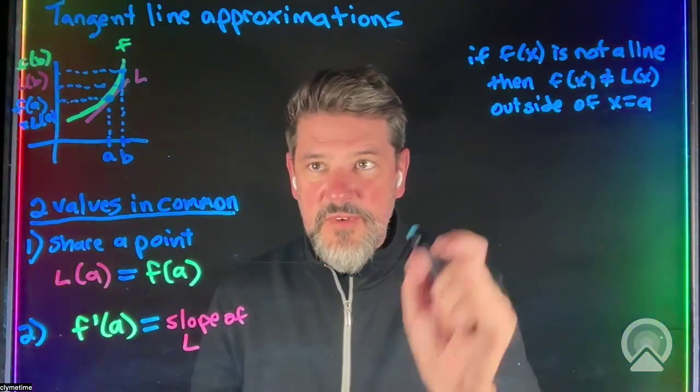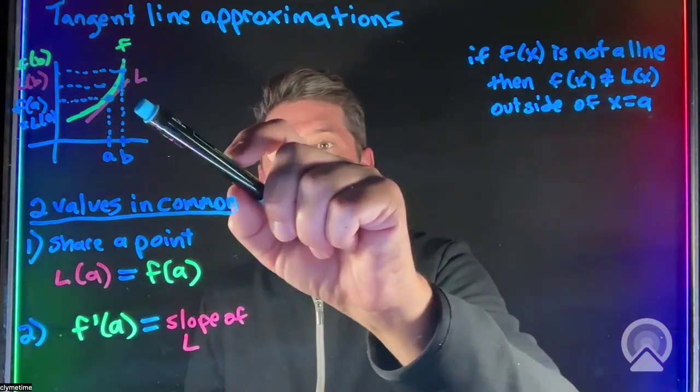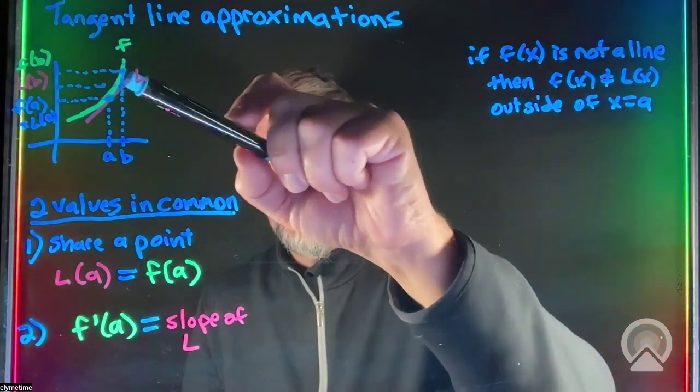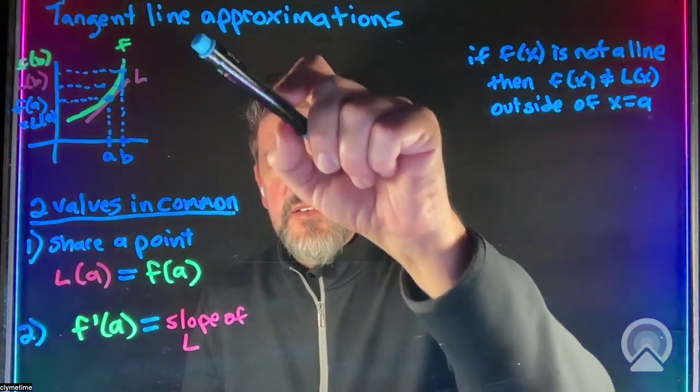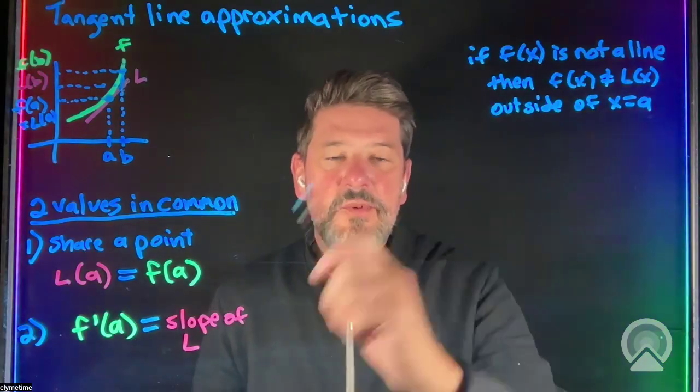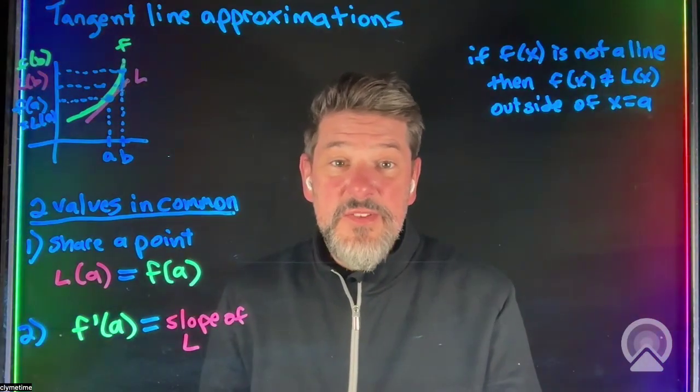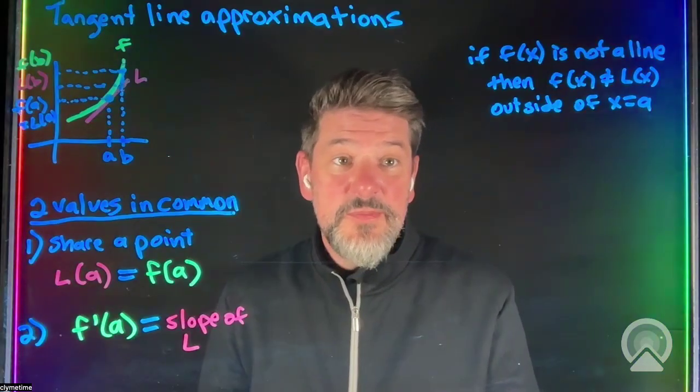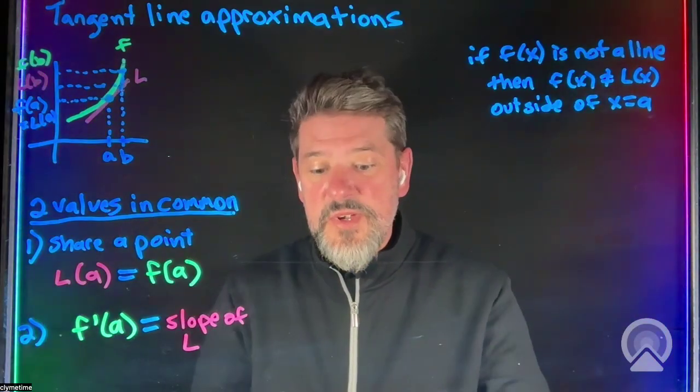Now, when I say that, I mean very, very close to A because, like I said, it could be the case that F turns around, comes back down again, and intersects L at a different spot. But very close to A, they will not be equal. But even though they're not equal, they will be close to each other. So we can write this down.